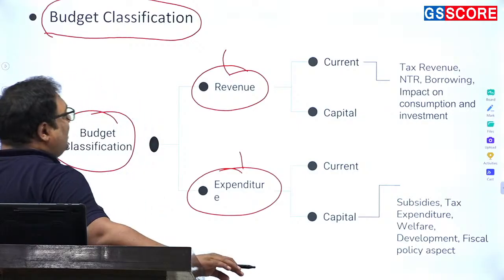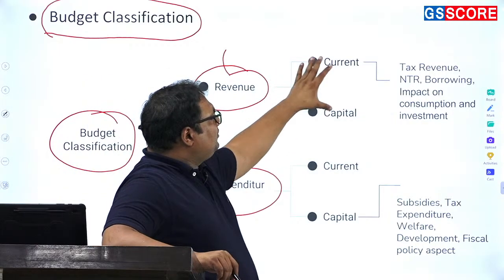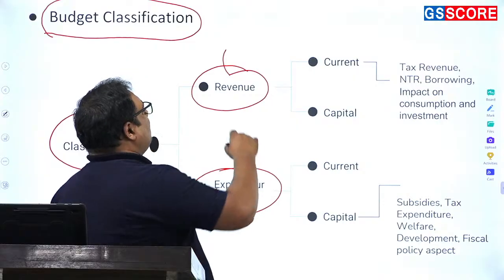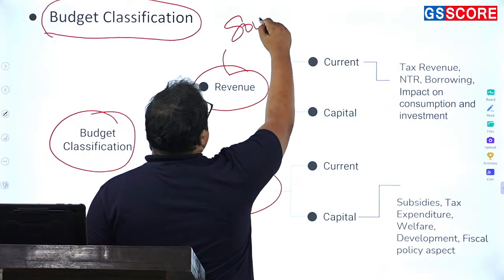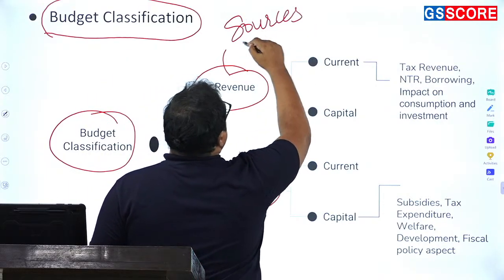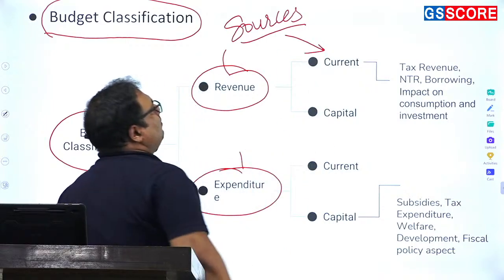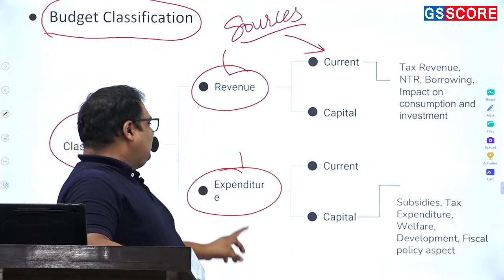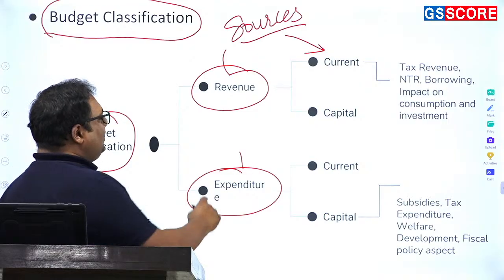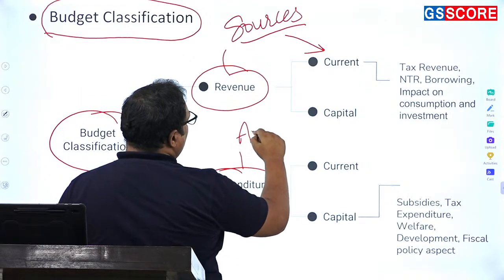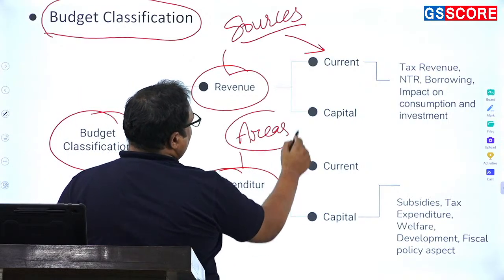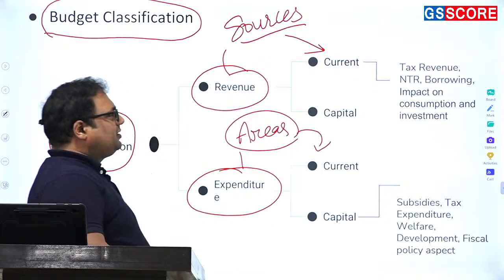Then your revenue gets divided into current and capital. What are the sources of revenue? Current or capital. Similarly, what are the areas of expenditure where we are spending money? Are these current? Are these capital?